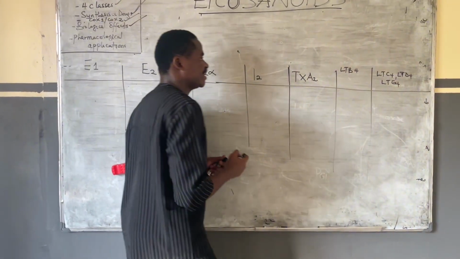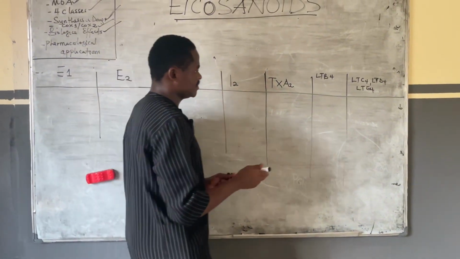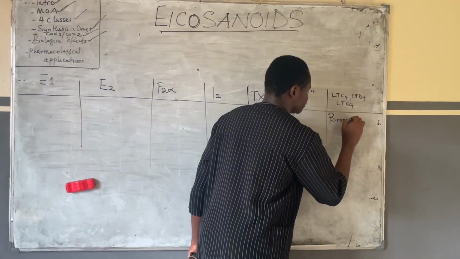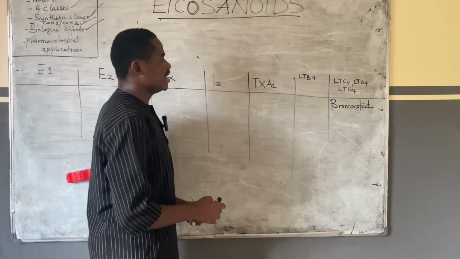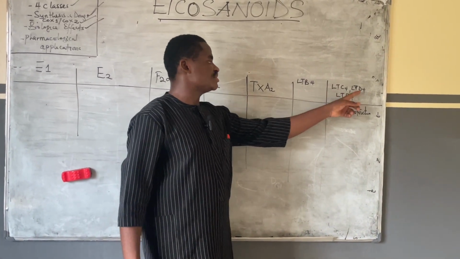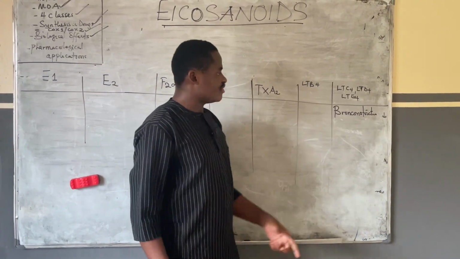Now, what will be interpreted by these different receptors? The simplest one here is bronchoconstriction. Any leukotriene that acts on C4, D4, E4 is going to be interpreted as bronchoconstriction.